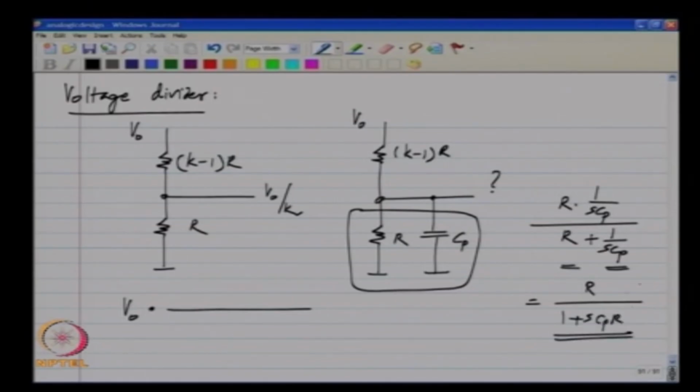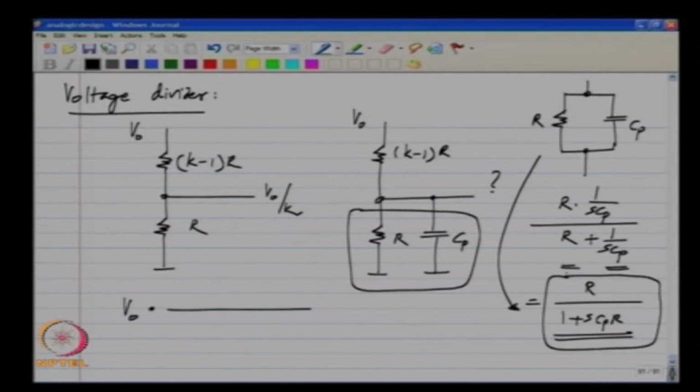This is a useful result to remember, that if you have a resistance and a capacitance in parallel, the combined impedance is given by this formula, R by 1 plus SCR. What it means is that at low frequencies, at DC the capacitor is an open circuit, it does not come into picture.